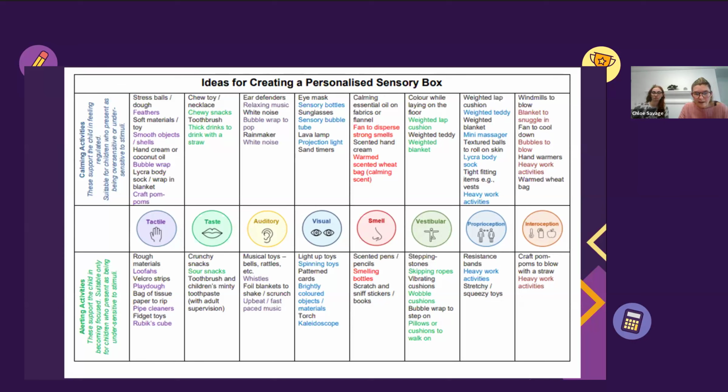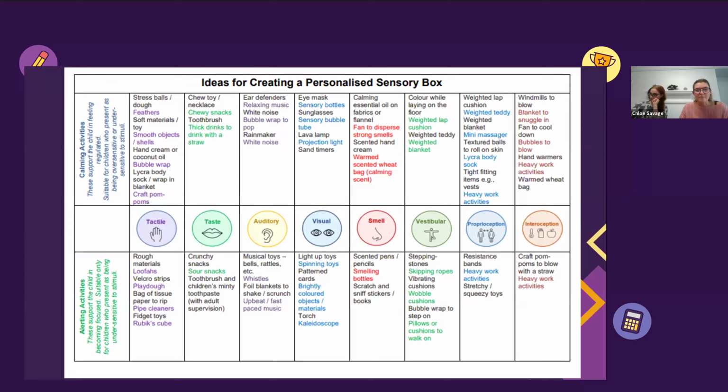Let's look at auditory again. If they are somebody who is overstimulated by noise, becomes quite anxious, or avoids places where there's lots of noise, we can look at the calming activities here.